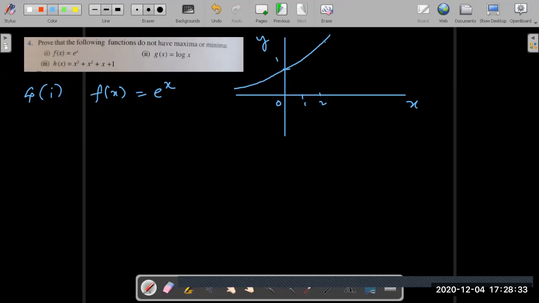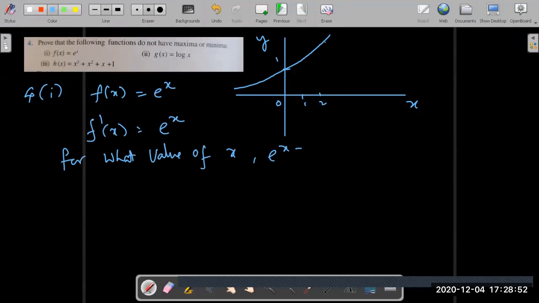Now let's see what it is trying to say. f dash x, the differentiation of e power x, is e power x only. Now we have to see for what value of x e power x is 0. That means, is it touching the x-axis at any point?